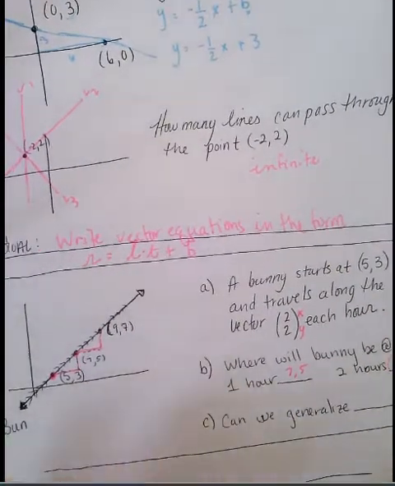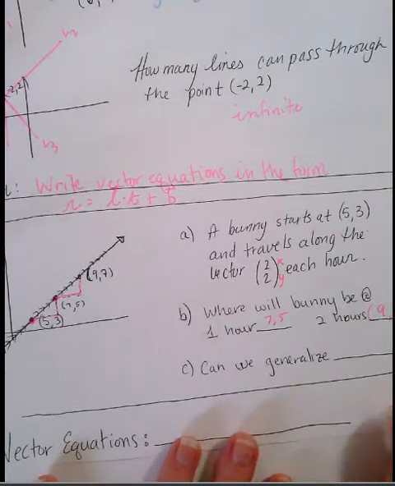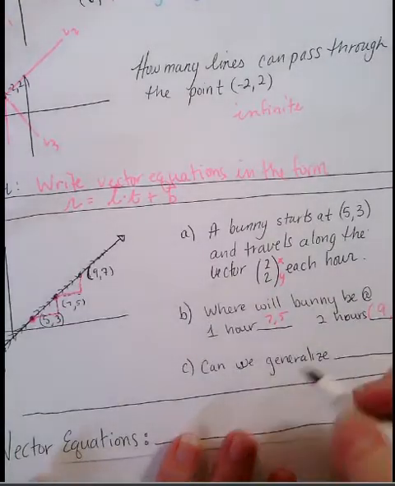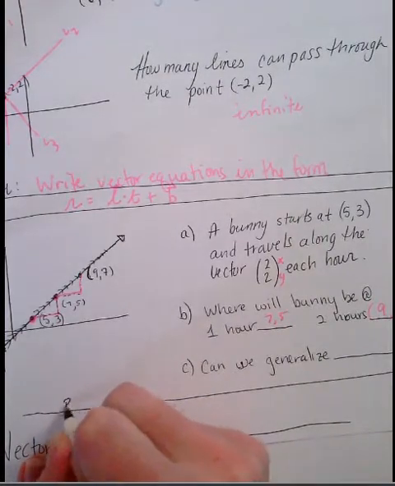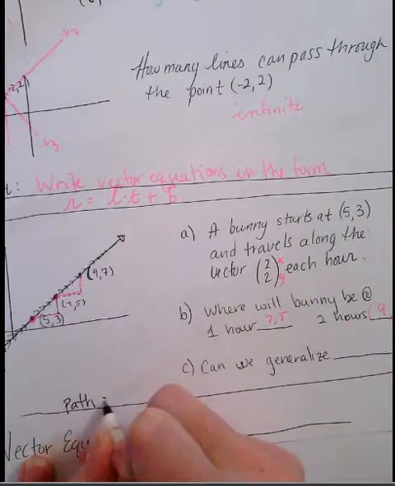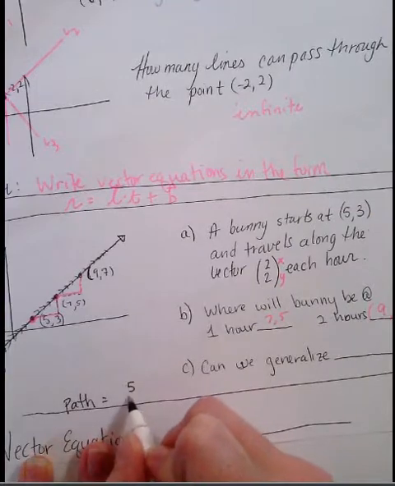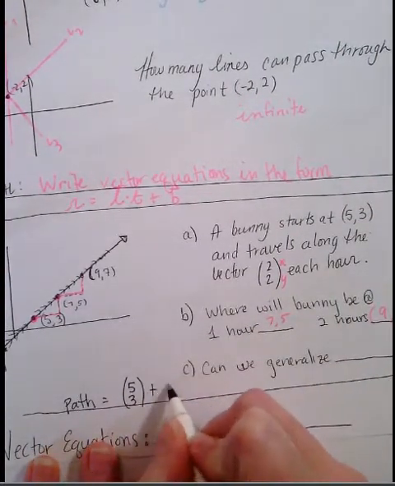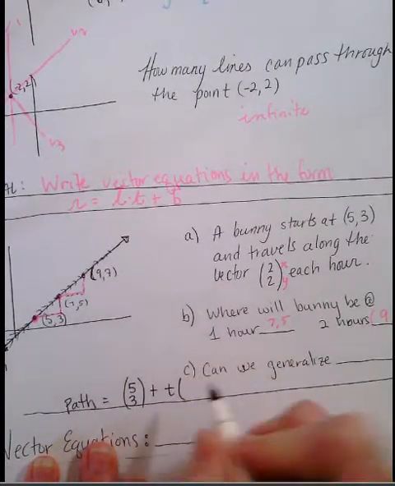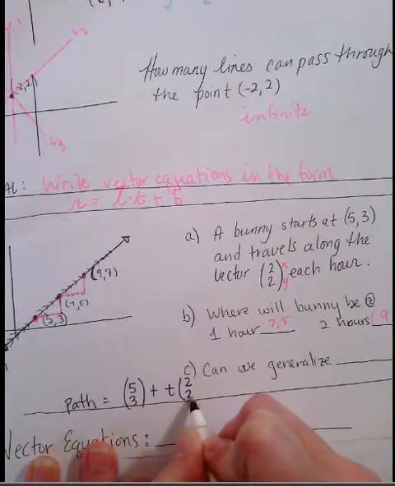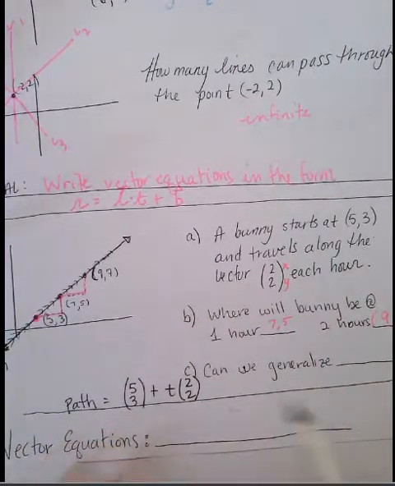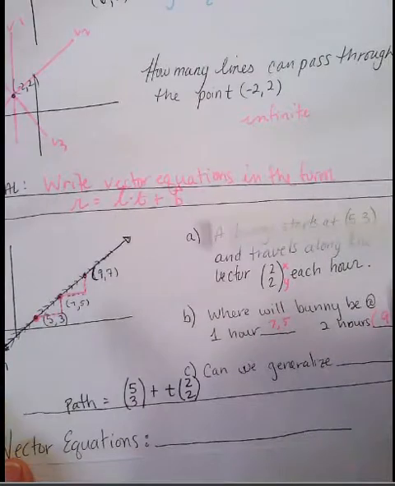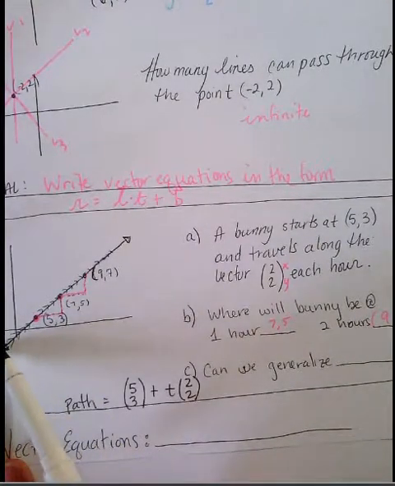So we can generalize this out to say that he begins at 5, 3, and then for each unit of time that we count, he moves along the trajectory 2, 2. He could move forward through time, or theoretically he could move backward through time if we needed him to.